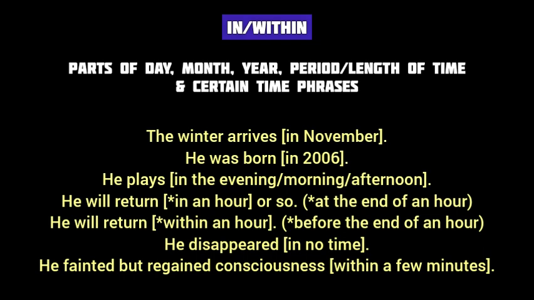In the next example, in is used before a certain year and shows the time of his birth. In is also used before a part of the day such as in the evening, in the morning, in the afternoon, etc. But remember, in certain time phrases like at dawn, at night, the preposition in is not used.